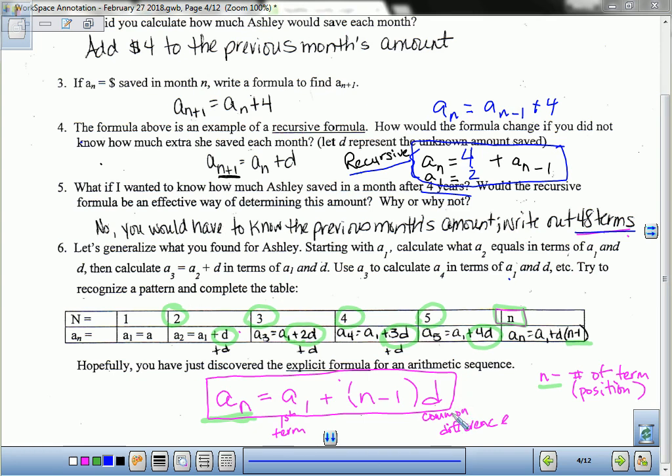The common difference is the amount we add to a term to get to the next term. And N represents the number of the term, or the position in the sequence. Is it the first term, the second term, the third term, the 80th term? Where does that term lie in the sequence? So that's what N represents. A sub N is the actual term.